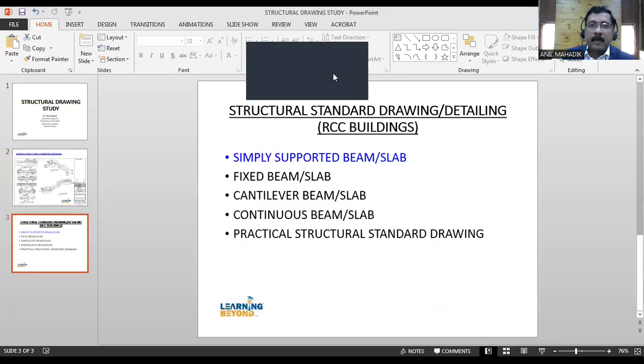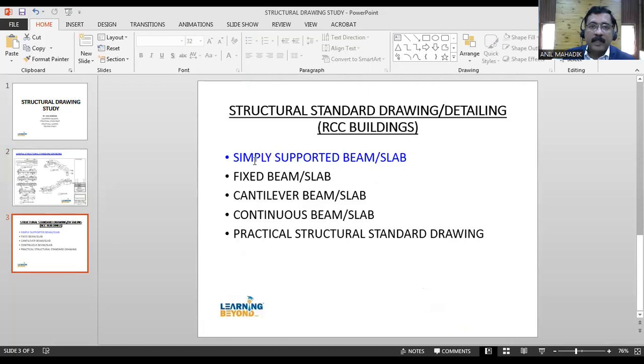As a part of this program, we will start with simply supported beam detailing and slab detailing. Then slowly we will switch over to different types like fixed beams and cantilever beams in upcoming sessions. To start with, let's start with the simply supported beam details.